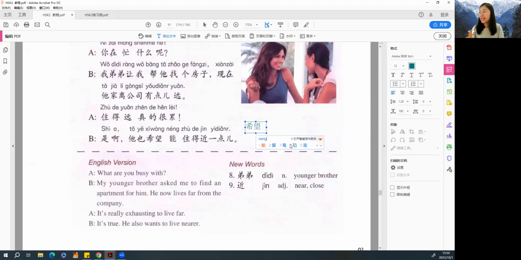Then I know exactly which Hanzi is the correct one that I want to choose. 希望能住得近一点儿. That's a very good method to train your brain, getting used to all of those Hanzi. That will be the homework for you for today.